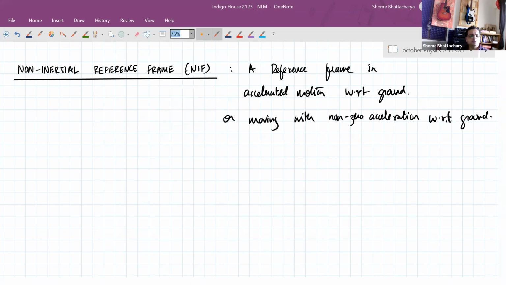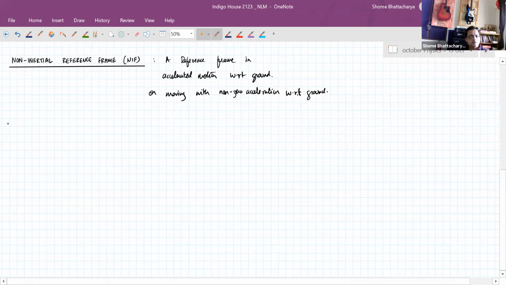Okay, so now why is this important for us? Let's try to understand. So any body in a non-inertial frame experiences a pseudo force.